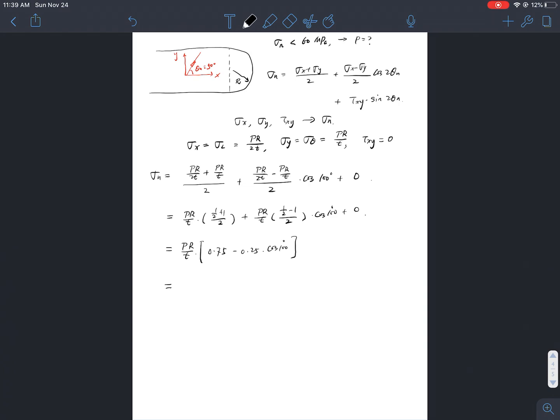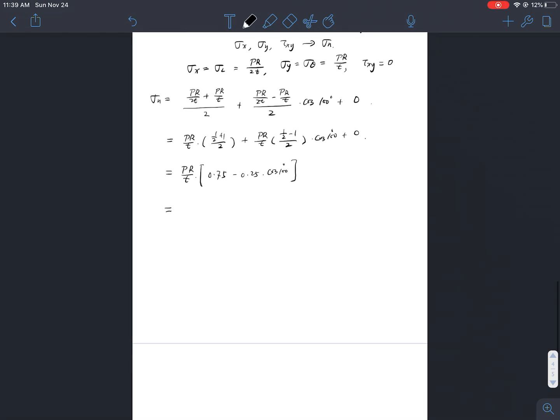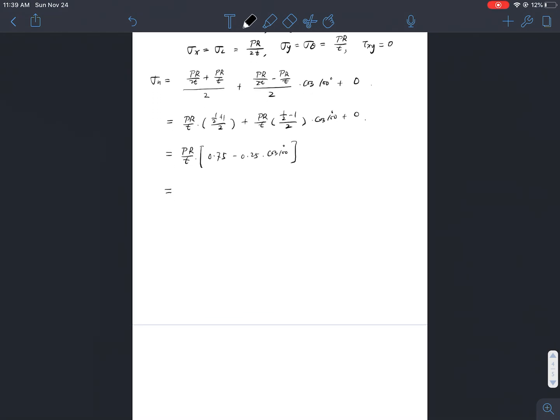Okay, so following last time's discussion, we arrived at this equation. I continue inside the bracket now. I have 0.75 minus 0.25 multiplied by minus 0.174.